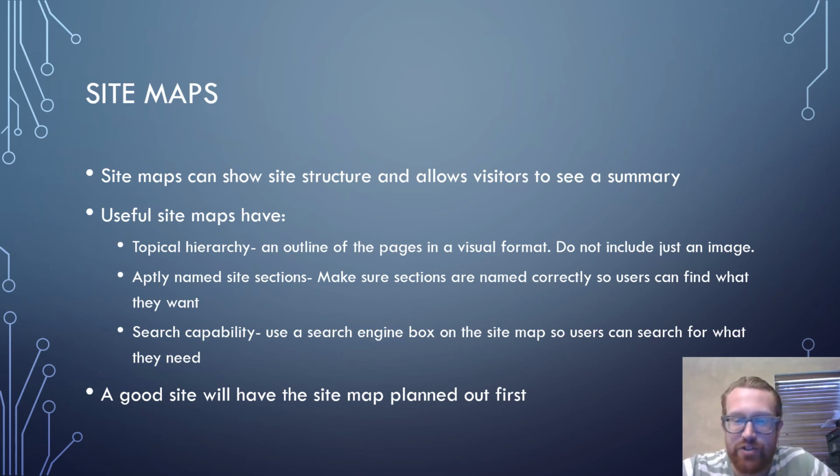You can have a search engine box on the sitemap. You can either do that yourself, where you're searching your own pages, or you can have a partnership with Google. You'd have to look into more of that. But you can have a search engine on your website. So if people can't find what they're looking for in your sitemap, they can find it through the search engine.